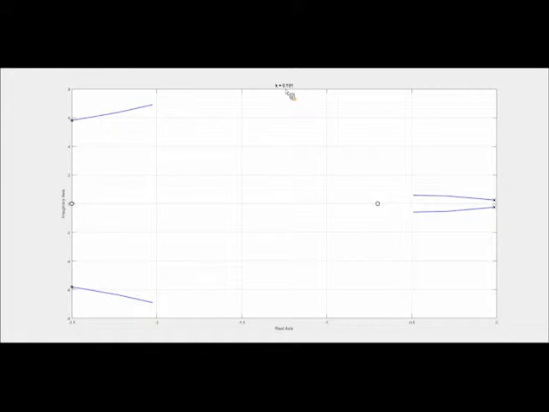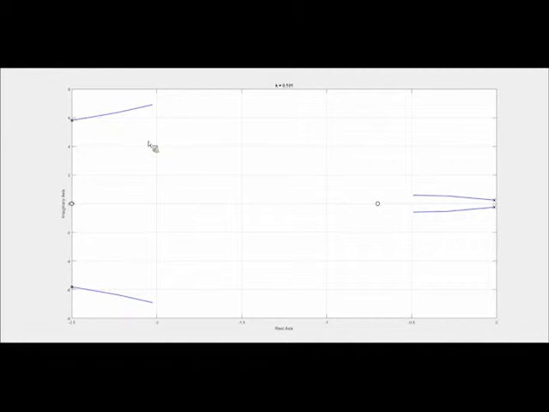And then it's going to run for a little bit. The tip of these blue lines, which we'll call the root locus, are the closed loop pole locations for this value of k. I'll run this for longer in a second and we'll see how this evolves. But that's the basic idea here.